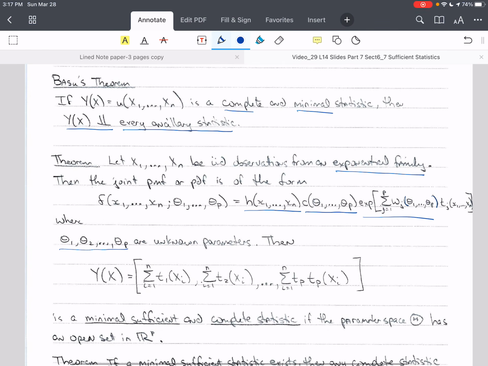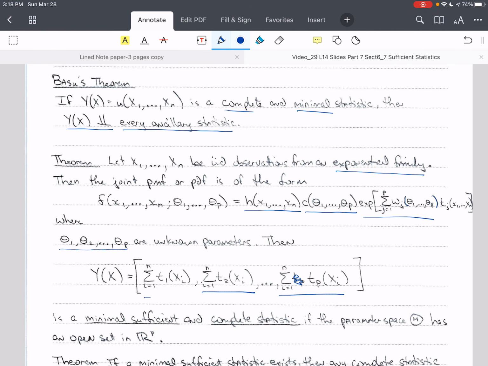Then y of x equals the sum of t1 of xi and the sum of t2 of xi up to the sum of tp of xi.